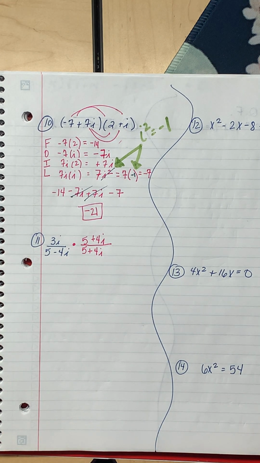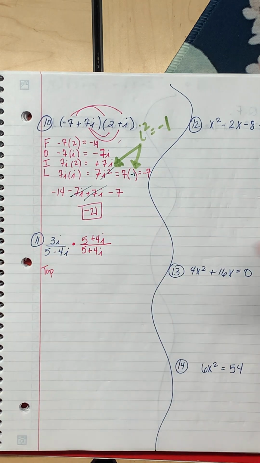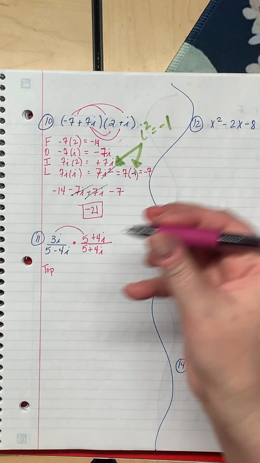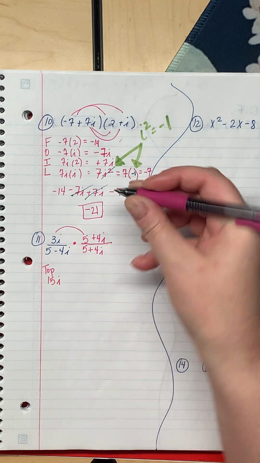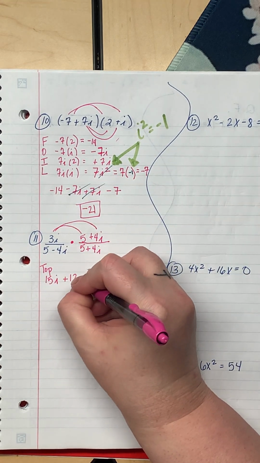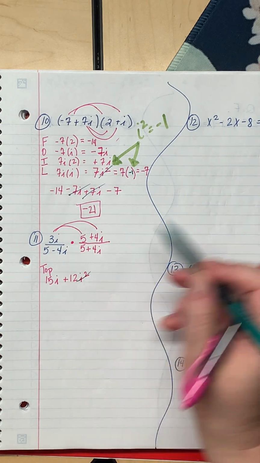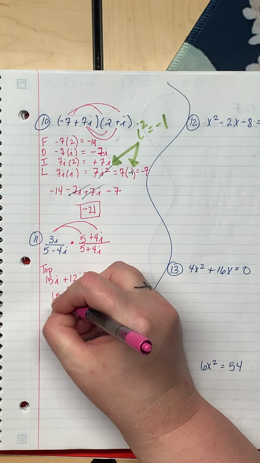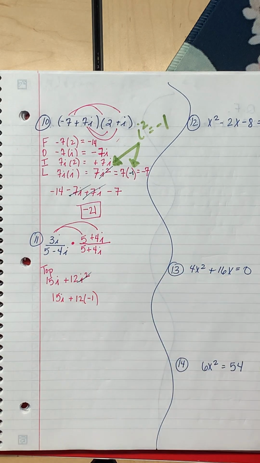Okay, so let's multiply. If I multiply the top, that should be pretty easy. Let's see here. 3i times 5 is 15i. 3i times 4i is plus 12i squared. But then anytime you have an i squared, you cancel it out and you put parentheses -1.